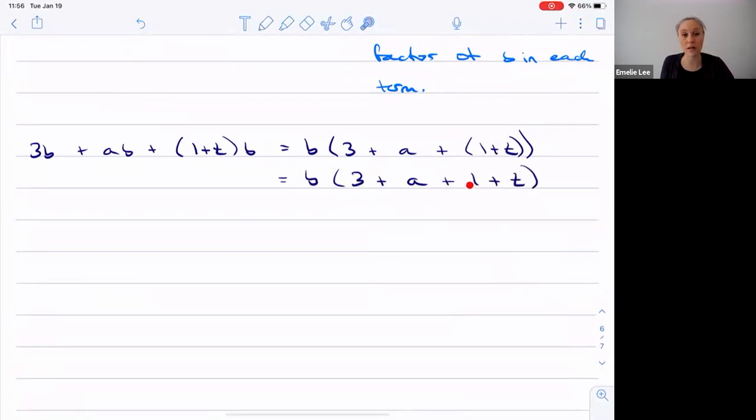If I collect like terms, 3 plus 1 gives 4 plus a plus t. So this becomes b times (4 plus a plus t), and then I'm all simplified. One thing that I'll definitely want to do, especially when I'm dealing with something kind of large like this, is expand this out and make sure that I arrive at the original expression.